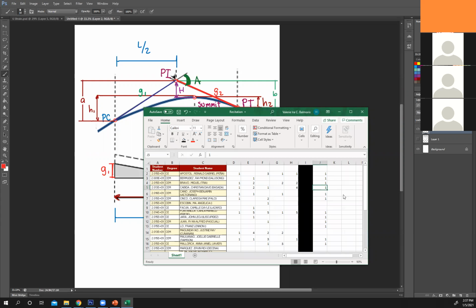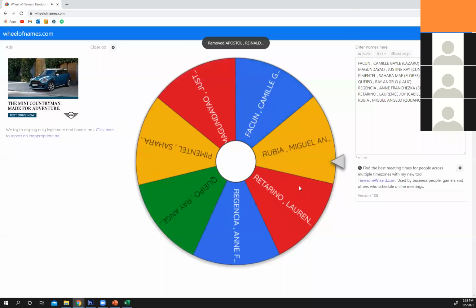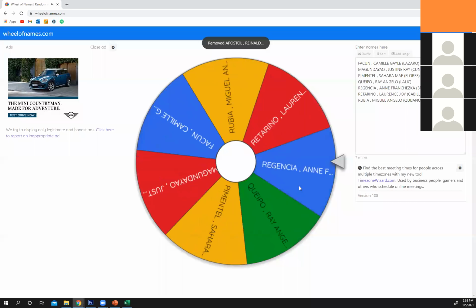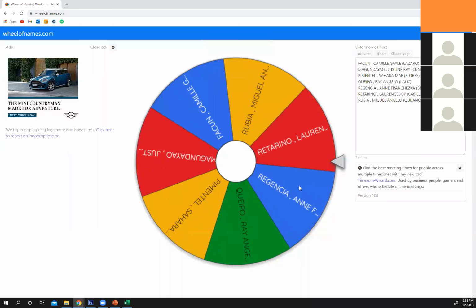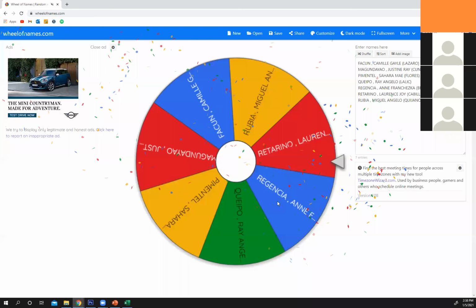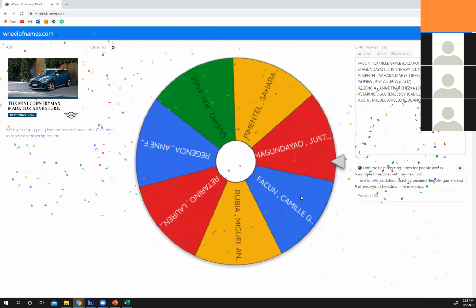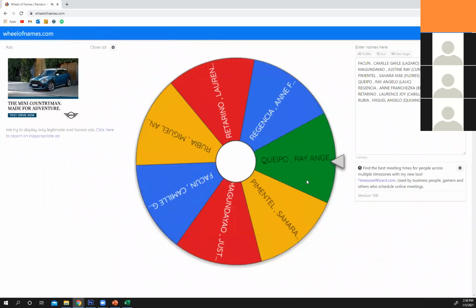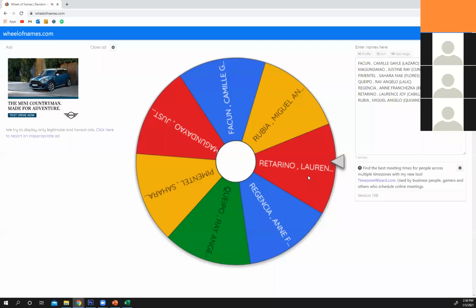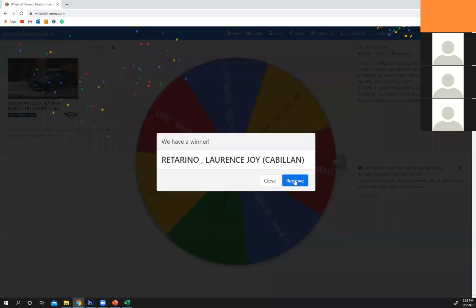Next. Give chance to others. Ikaw pa rin. Tanggalin na kita. You had 2 chances.